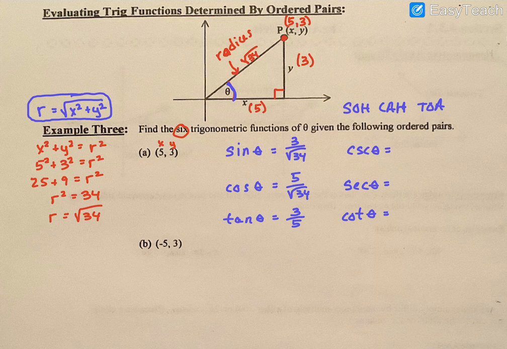Now I have my reciprocal set up in the next column. As you recall, the reciprocal of sine is cosecant, and so that's going to be square root of 34 over 3. The reciprocal of cosine is secant, which is going to be square root of 34 over 5. And the reciprocal of tangent is cotangent, which is 5 over 3.